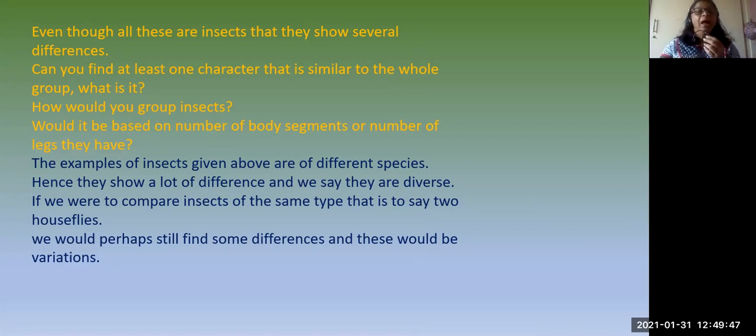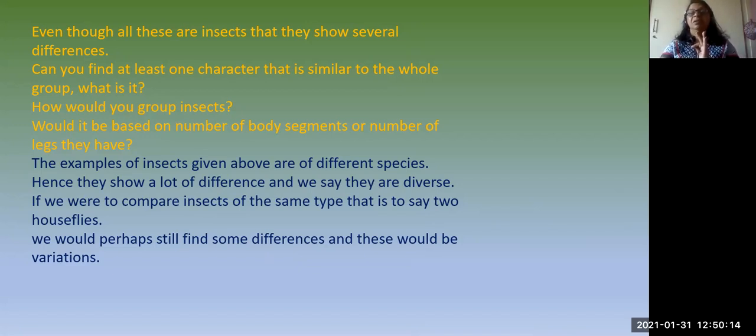And how would you group insects? Already I told you, it is based on the number of legs. The examples of insects given above are of different species, so a lot of differences are there even within the insects.